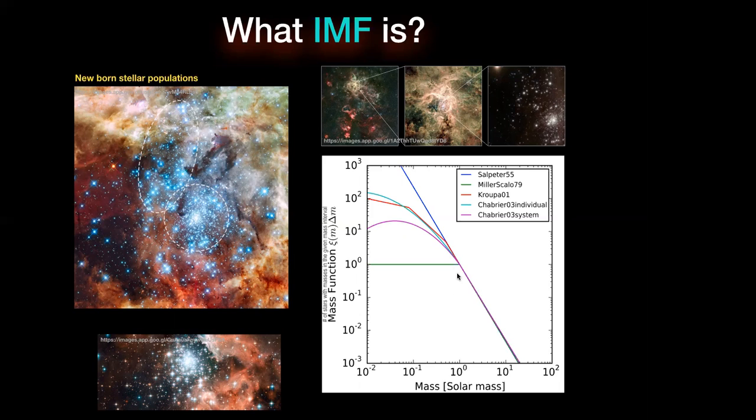And once you find yourself in the regime of low mass stars, or for instance, the brown dwarf regime, we see that different approaches start giving us different results. There's hardly any consistency in the approaches adopted to determine what kind of masses are there in a given stellar population.